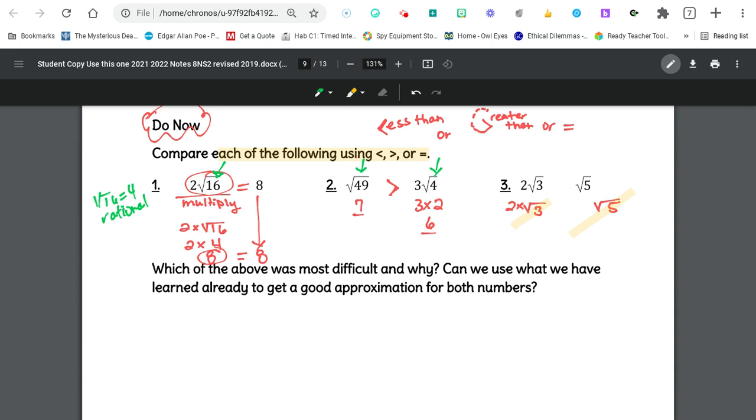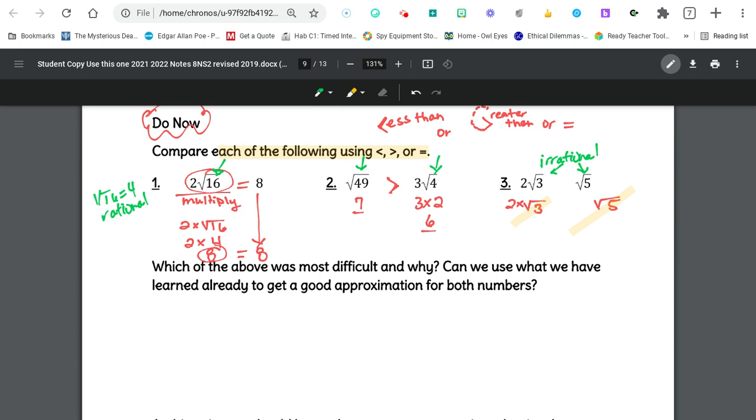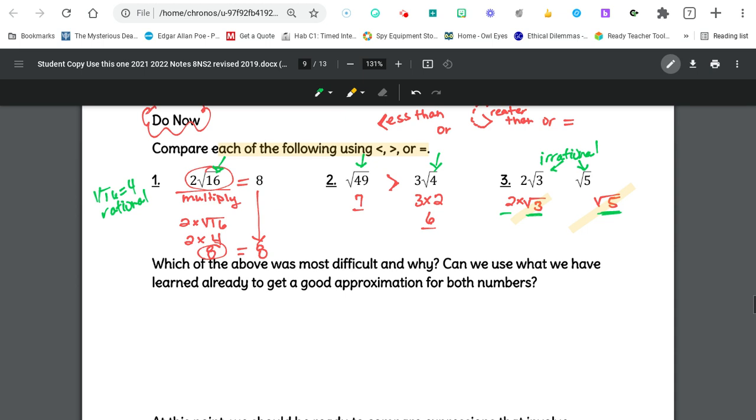The square root of 4 is rational. But when we get over here, these are irrational. If they are irrational, guys, you're going to have to use an approximation, because they keep on going forever. So you're going to have to use an approximation of the square root of 3 before you can multiply it by 2. You're going to have to use an approximation for the square root of 5. And then we can compare.